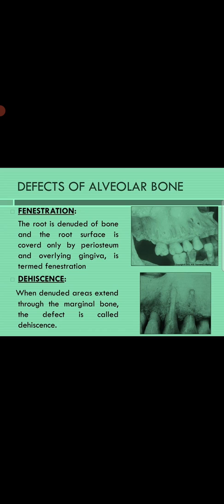What is dehiscence? When the denuded, depressed area extends. In fenestration and dehiscence, the bone is lost around the root, like in this diagram. When the denuded area extends through the marginal bone, the defect is called dehiscence.